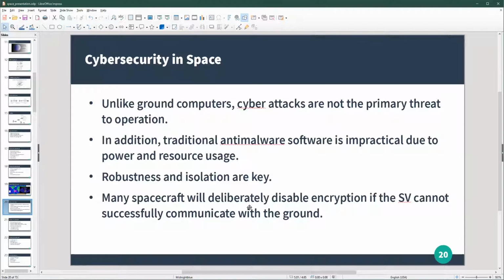Almost all the equipment in space has a fallback mode where all the encryption will be turned off if you can jam their signal for long enough. Oh, Jesus, that's not good. But that's the way things are, and you just have to have that fallback, right? Because so many things can go wrong. And like I said, cybersecurity is not the number one destroyer of satellites in space.